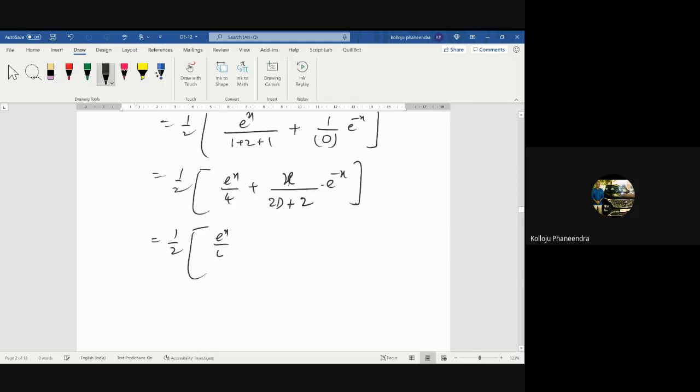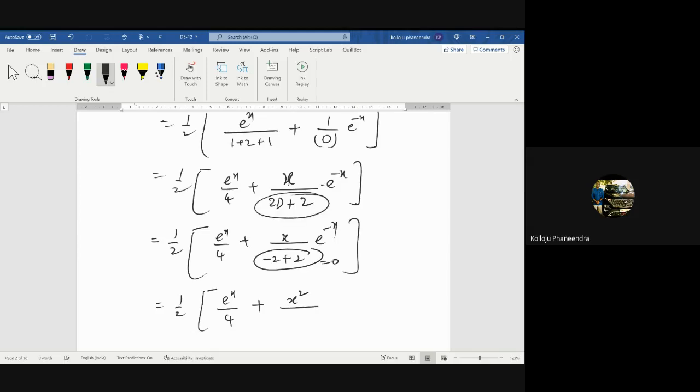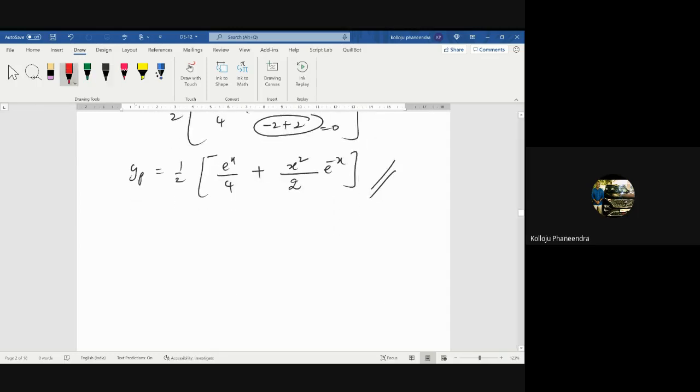This is e power x by 4. If I replace D again by minus 1, this is minus 2 plus 2 e power minus x. Again it becomes 0. So 1 by 2 e power x by 4, and again one more x, x square into the derivative of 2D plus 2, which is 2, into e power minus x. That's it. There is no D term here. Now this is yp.